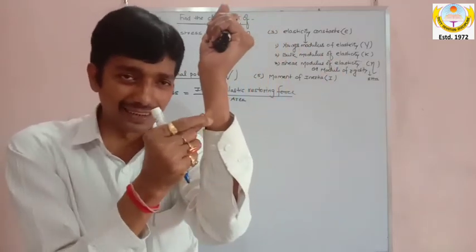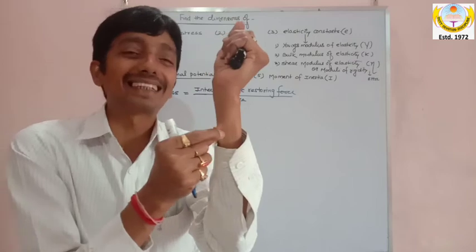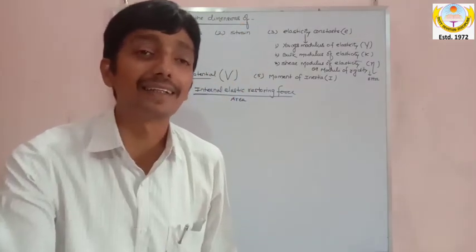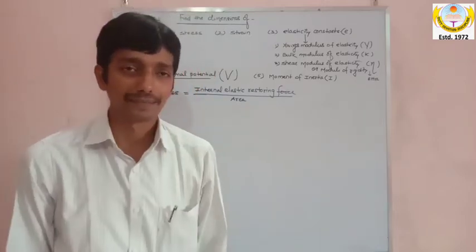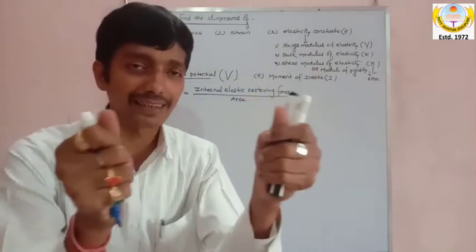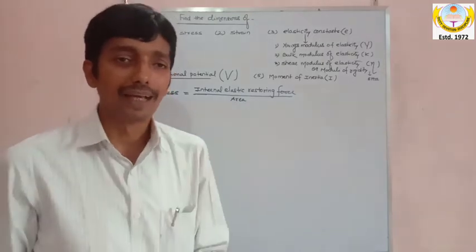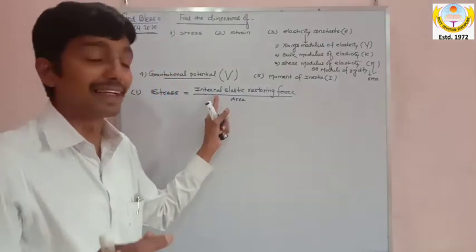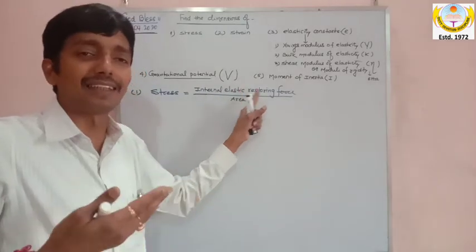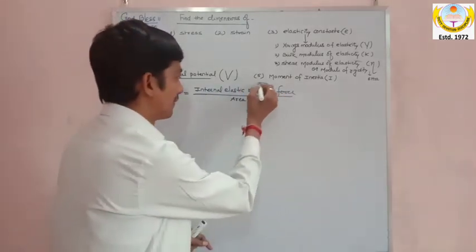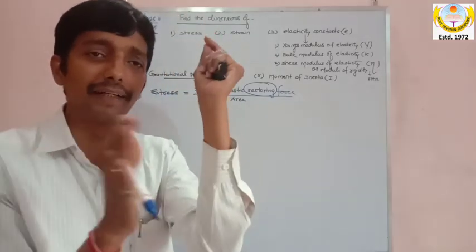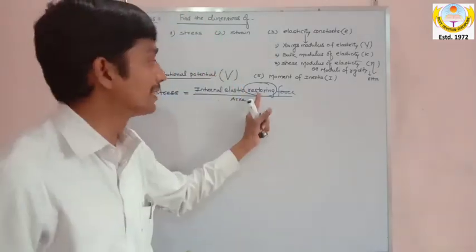So if I stretch this skin, the skin is under stress. The rubber is under stress as soon as I stretch it. And therefore the stress is defined as an internal elastic restoring force. Why is the word restoring given? Because as soon as I leave it, it will come back, it will restore.